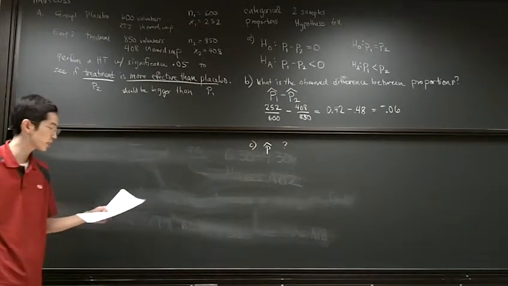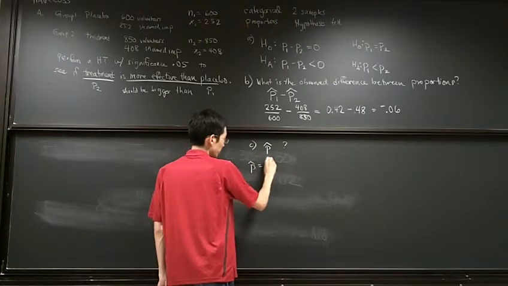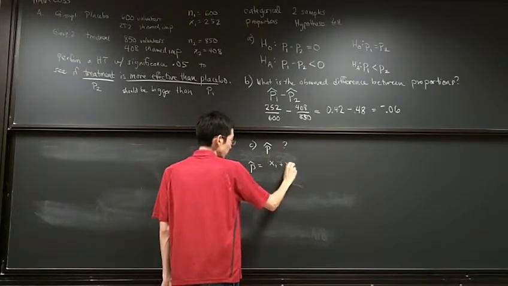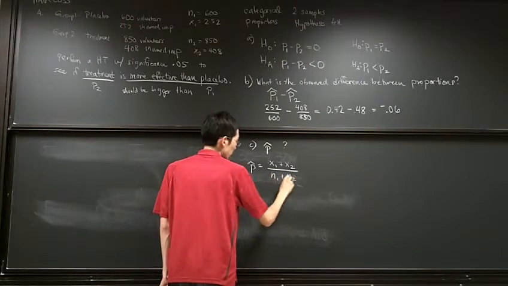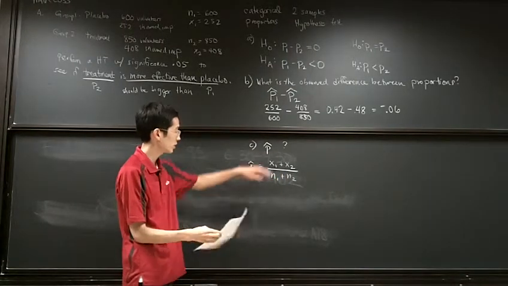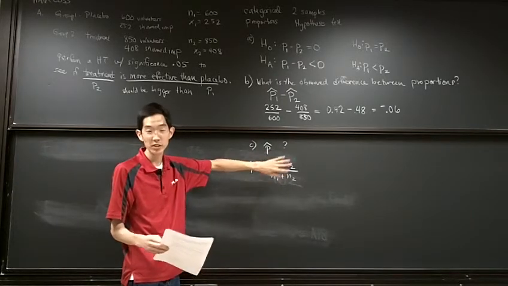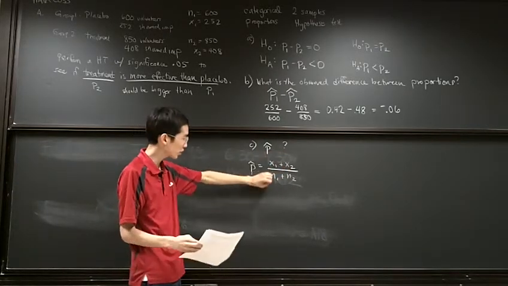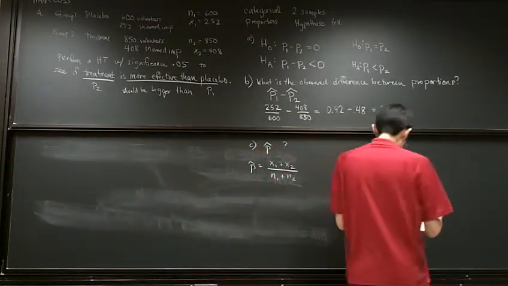Next question said, what is P hat? So P hat, we know, is x1 plus x2 divided by the sum total n1 plus n2. Notice again that we add the top and then we add the bottom and then we divide. Don't do x1 over n1 plus x2 over n2. That's not correct.